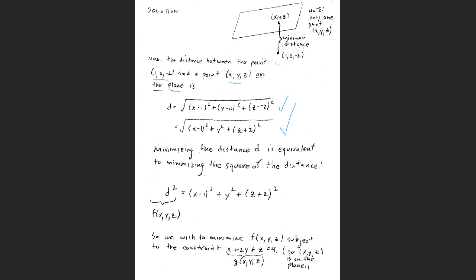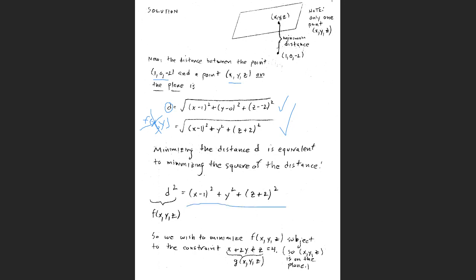This distance function, I could call it my f of xy function. But I don't want to call it that because the distance function has a square root in it. Let me define my function f of xyz as the square of the distance.